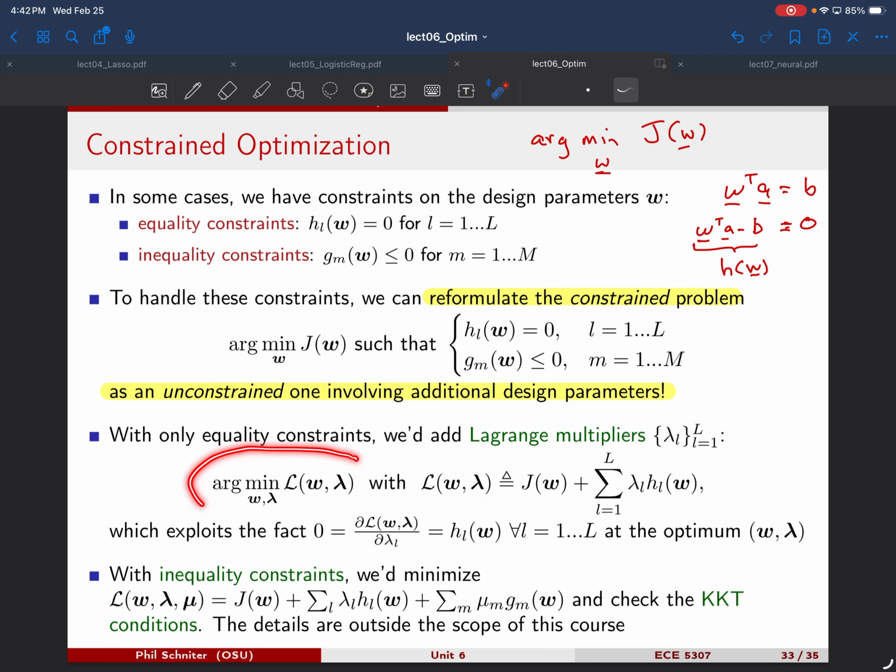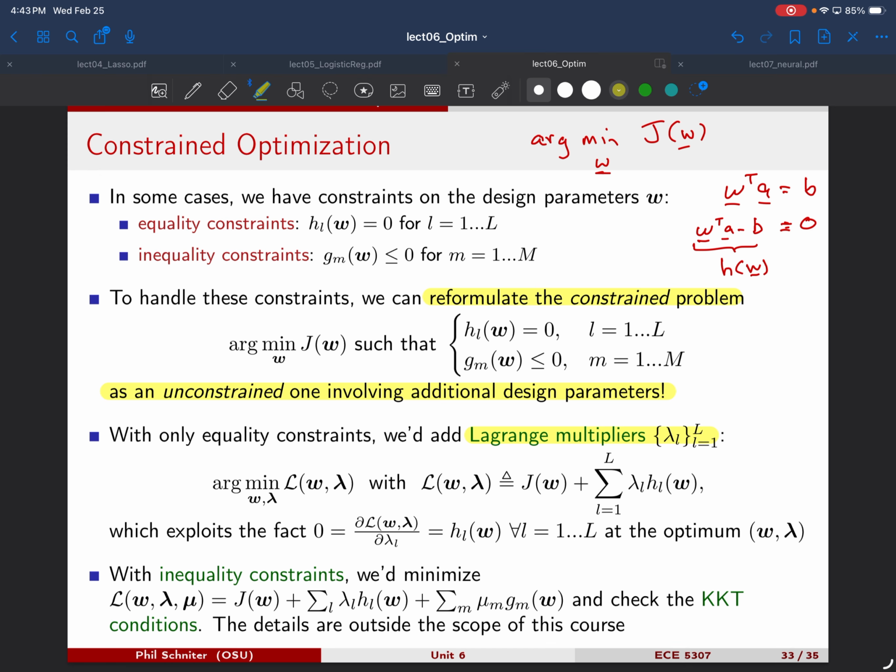But now you can just treat this as an unconstrained problem, and for this we have methods to solve it. Is that idea pretty clear? These lambdas are called Lagrange multipliers. How many of you have seen Lagrange multipliers in a previous course?